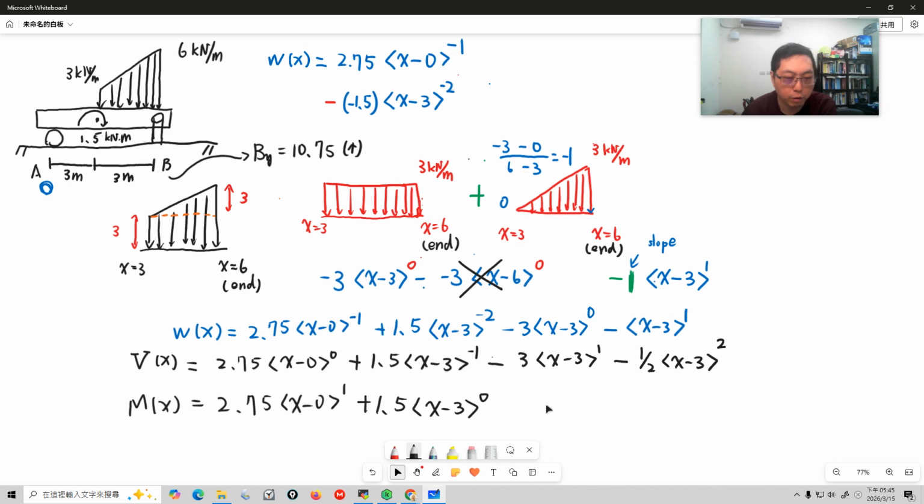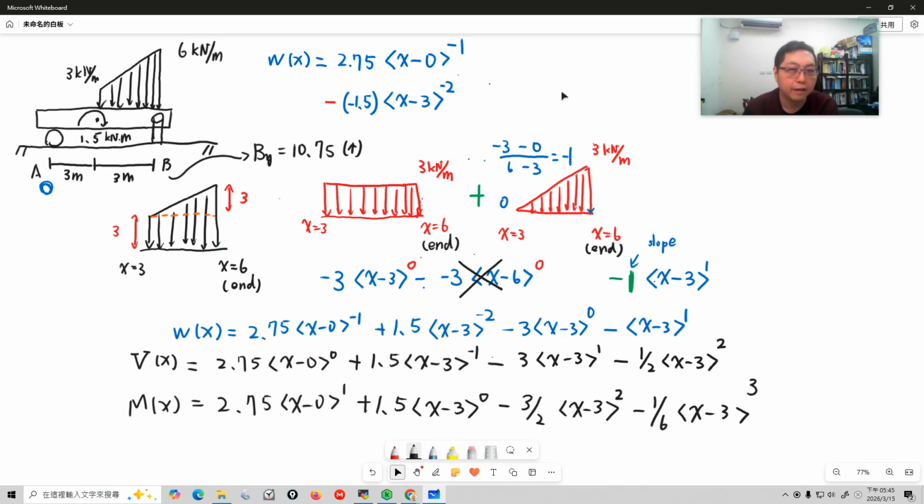So 2 over 3 times x minus 3 to the power 2, and this is power 1. My final one is minus 1 over 6 times x minus 3 to the power 3. So this is the final answer for the loading function, shear force function, and moment function for this system.